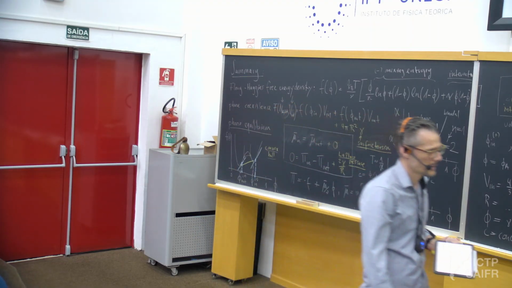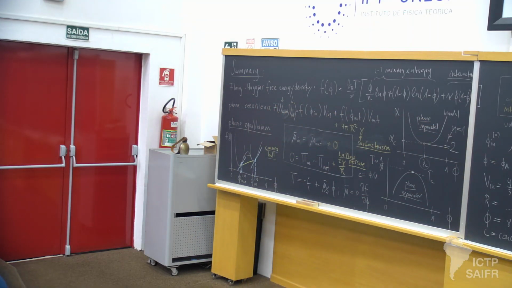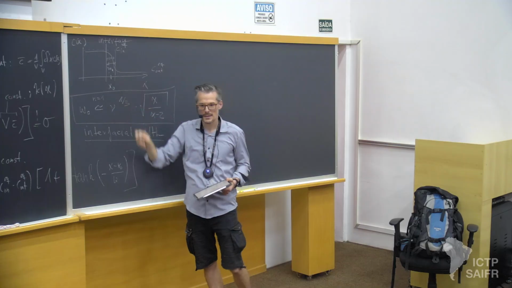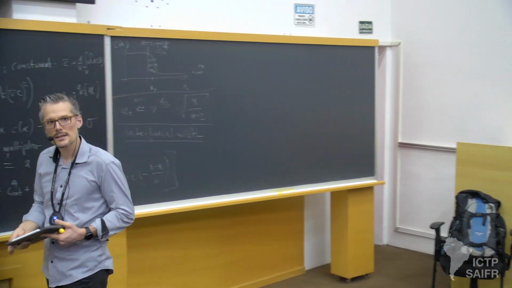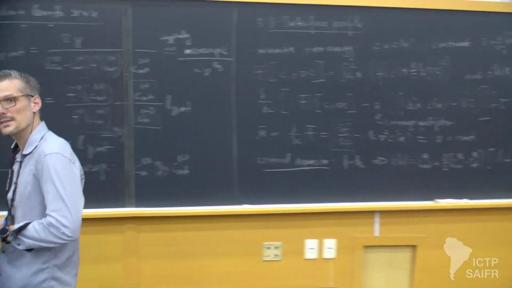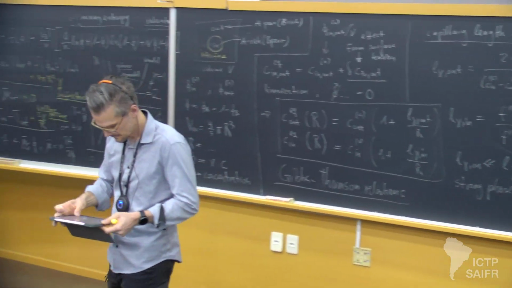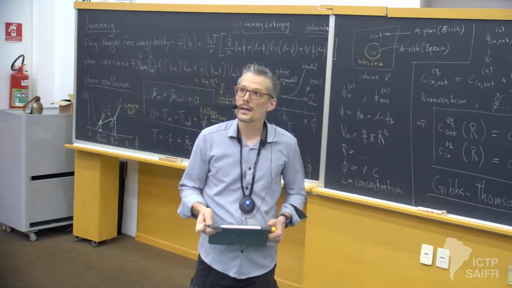That makes completely sense. Just for the people interested in criticality, this is how you see it. However, we stay away from that. So what you should recognize for the remaining talks is that the interfacial width is typically set by a few molecule sizes. Good. Questions on this?